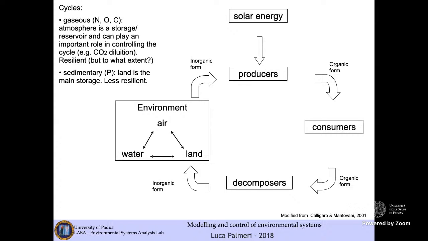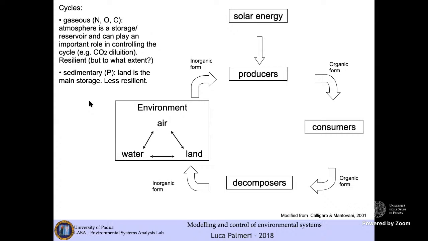This is an open subject, but it depends on the characteristics of the different elements. We are not going into the details, but you shall take this aspect into consideration when you are modeling specific ecosystems or processes describing ecosystems in different locations.